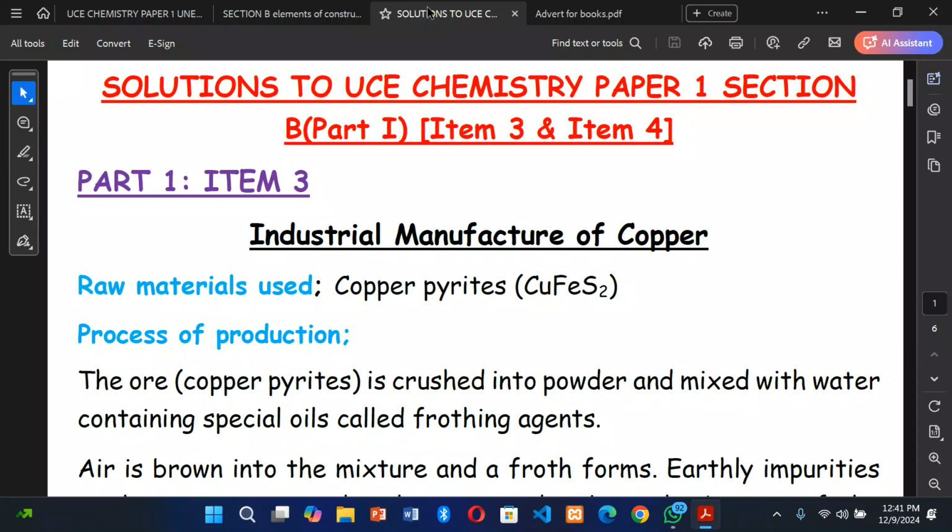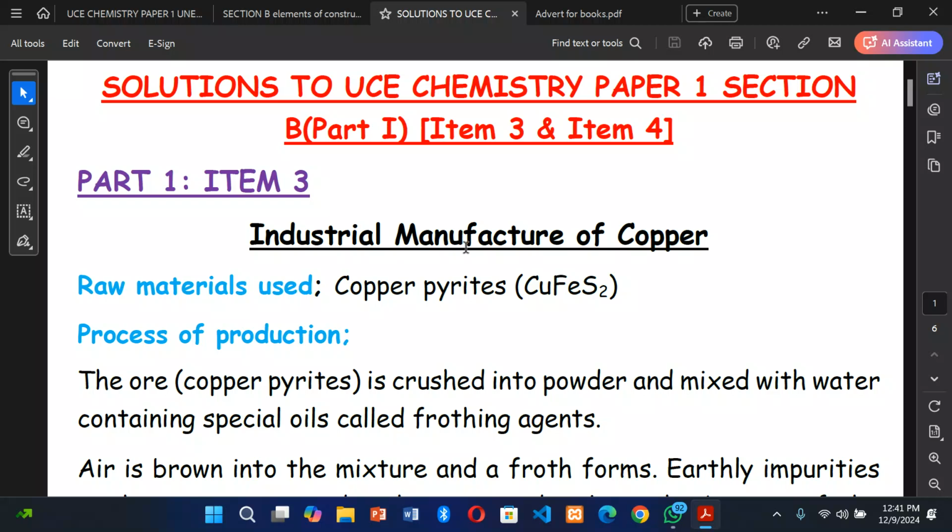Let's dive into the solution to item number 3. So item 3, as we have seen from the scenario, it is about the industrial manufacture of copper. So the first thing we identify in this area is the raw material used.